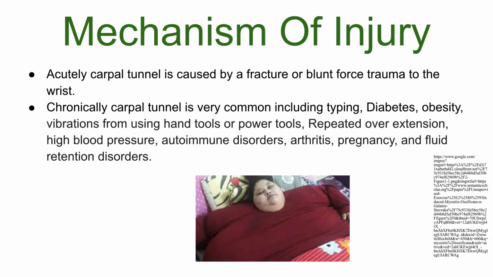Chronically, there's a lot: diabetes, obesity, vibrations from using hand tools or power tools, as well as repeated overextension, which mostly happens when playing a piano or typing at a desk. High blood pressure, autoimmune disorders, arthritis, pregnancy, and fluid retention disorders. That mostly happens when someone is pregnant, but can be lifelong in certain cases.